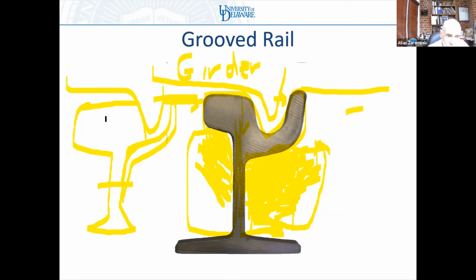This is more common in the heavier metro applications. But in light rail transit, such as Jerusalem, which is a good example, they use the groove rail because it gives you a nice uniform flangeway all the way around.